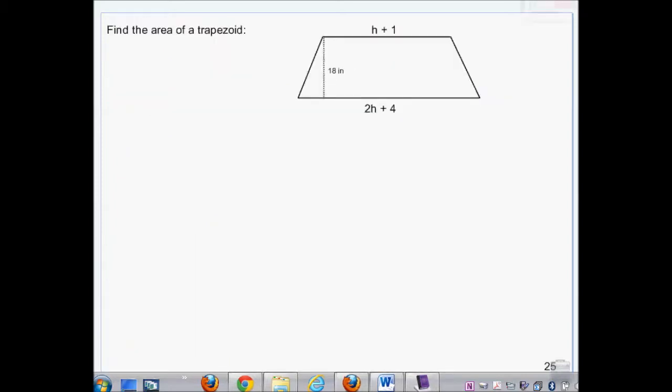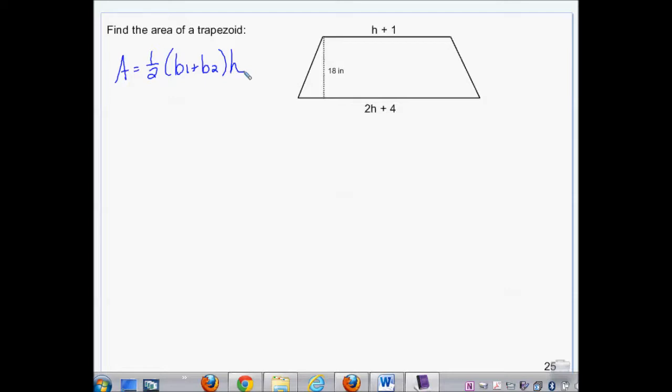First you need the formula for the area of a trapezoid. And there are two ways to look at that formula. There's the traditional one, which is area equals 1/2 the sum of the bases times the height.